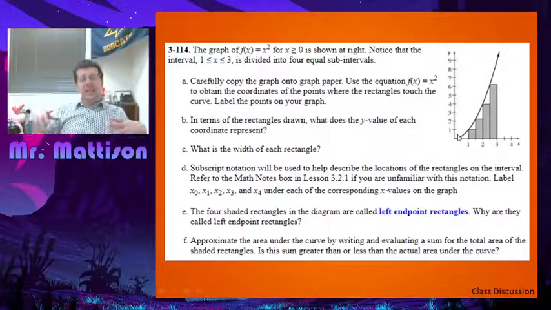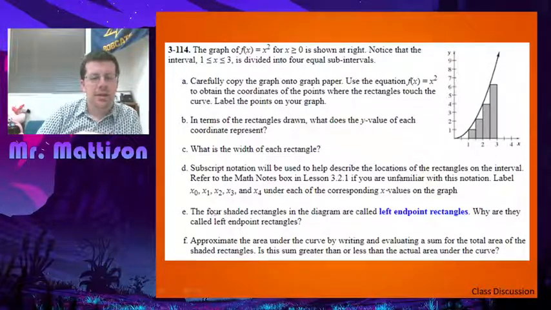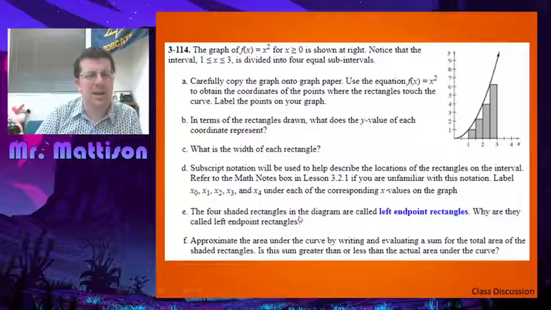So let's harken back to that subscript notation we mentioned when we were doing the different summations. We use that to say, here's my x sub 0, my x sub 1, my x sub 2, x sub 3, x sub 4, and so forth. This is my 0th term, first term, second term, third term, and fourth term, and so forth.